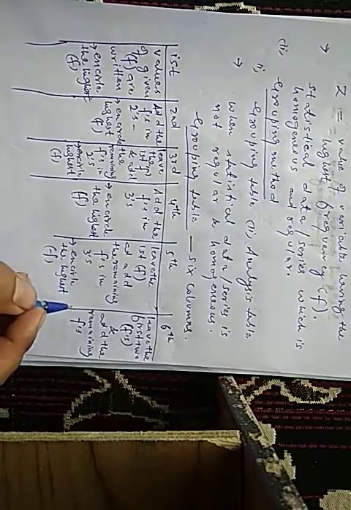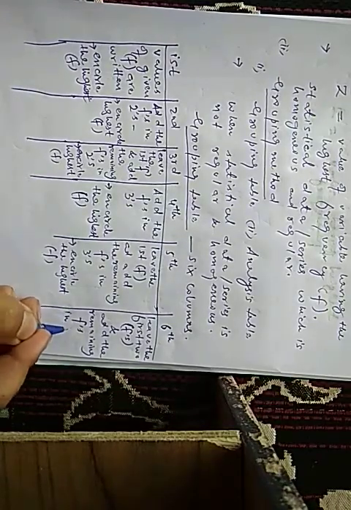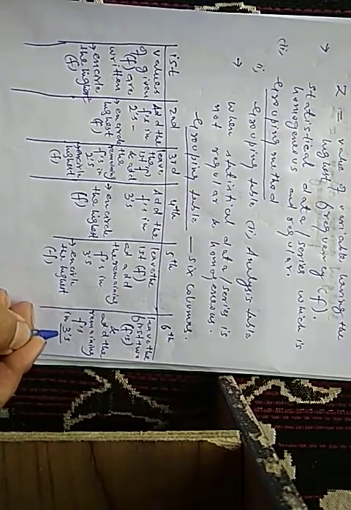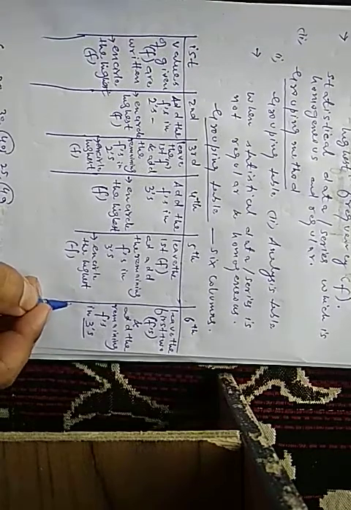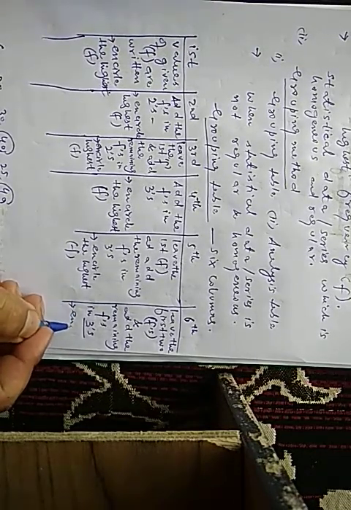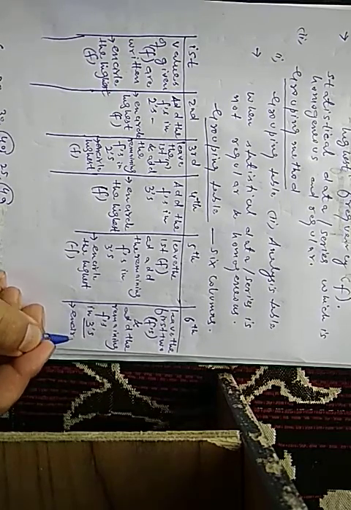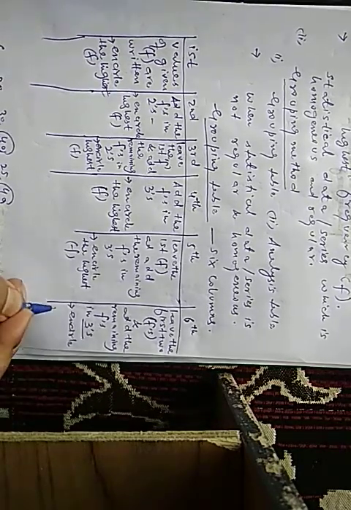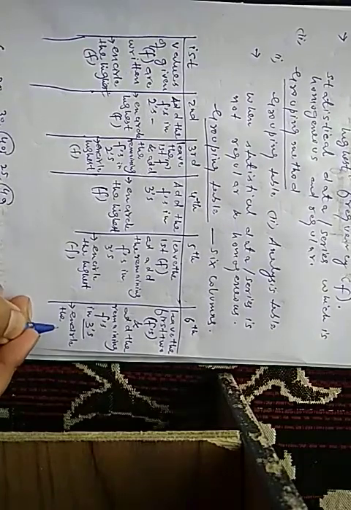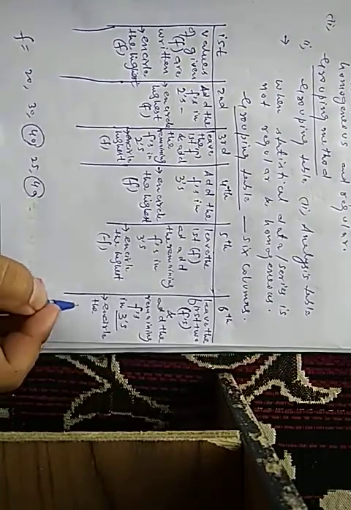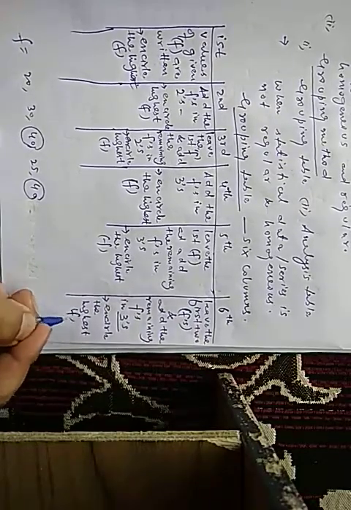Add that remaining frequencies in threes. And then encircle the highest frequency or frequencies. This is how grouping table is derived.